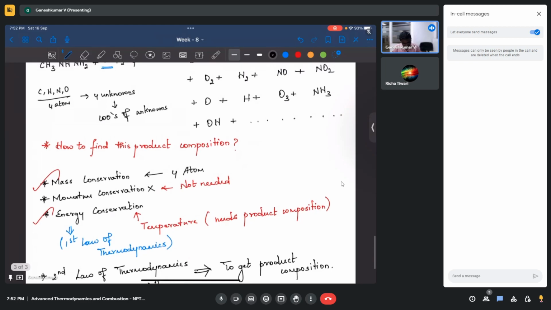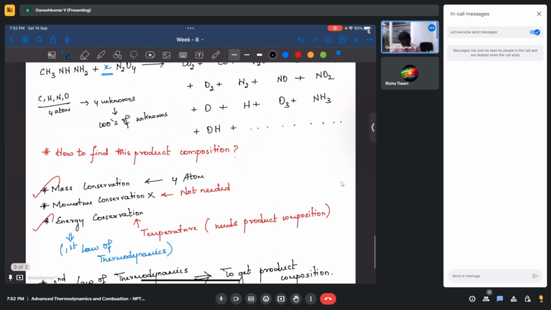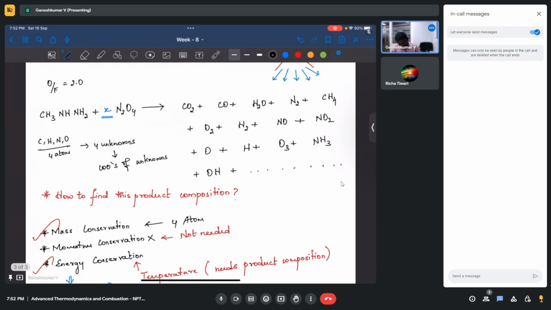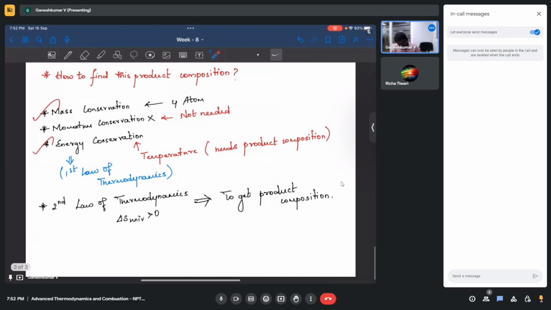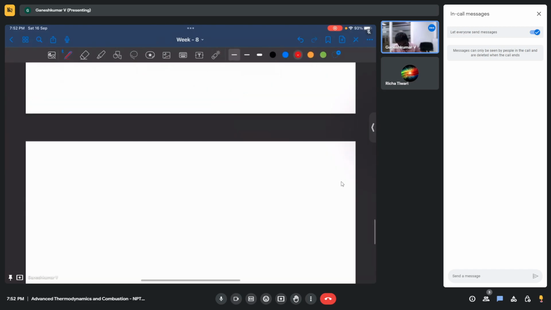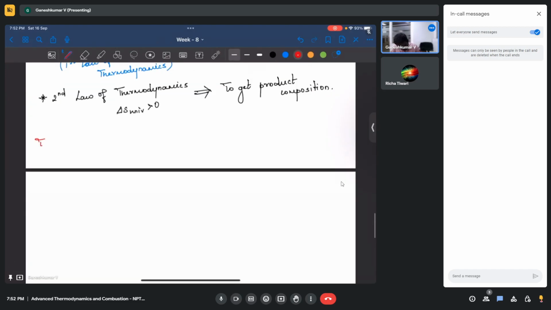We have four atom balances, and in order to fully define any combustion system, you need to know the composition of products, in addition to the adiabatic flame temperature.